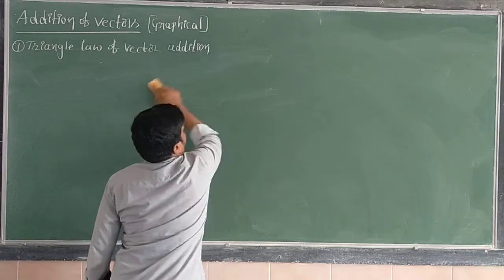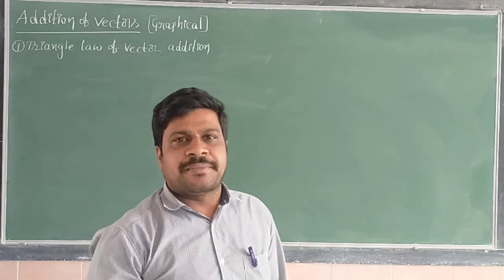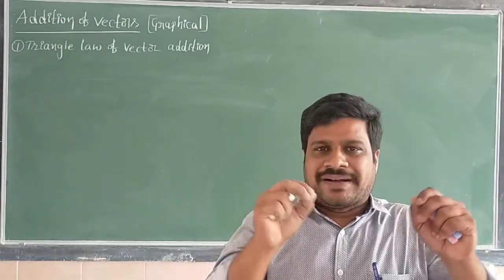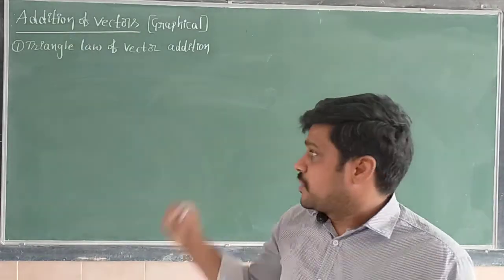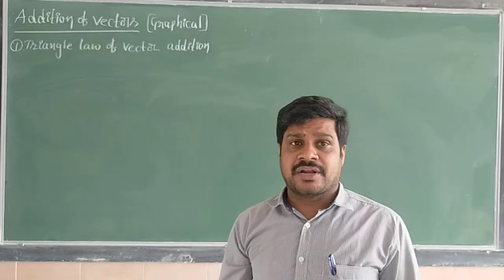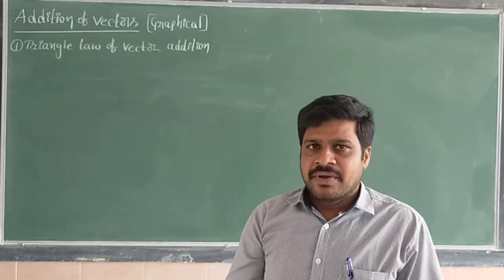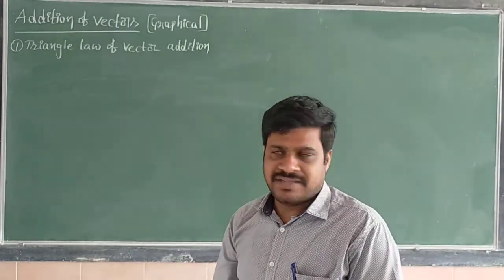Very first, the triangle law of vector addition, that is, with the method of the triangle law, how two vectors can be added. Then, by using the parallelogram law, how two vectors can be added. About them we will study right now in this class. Get ready.